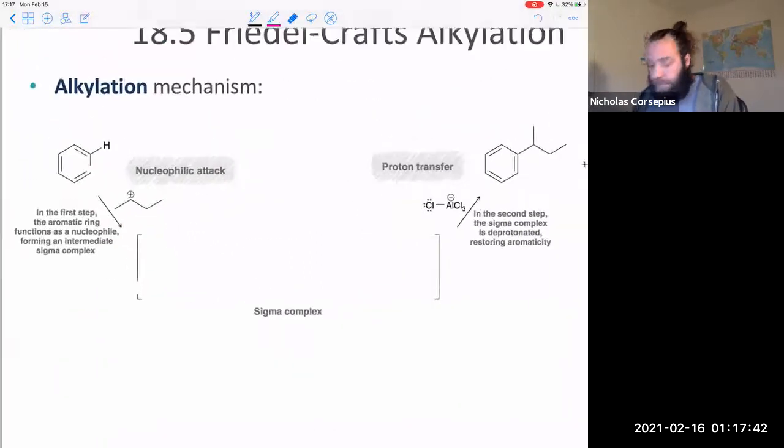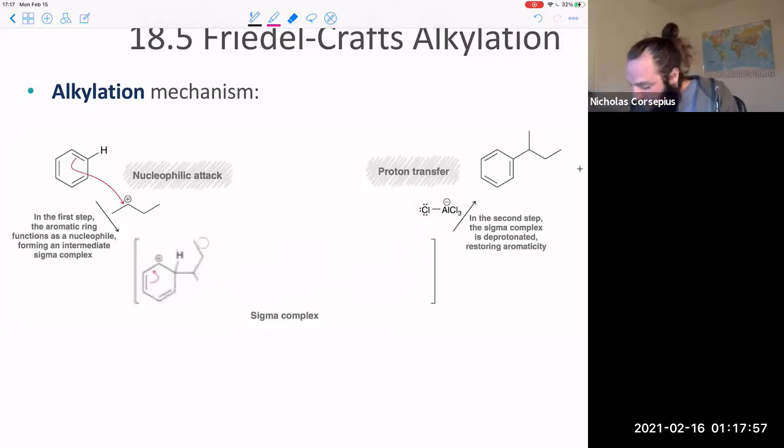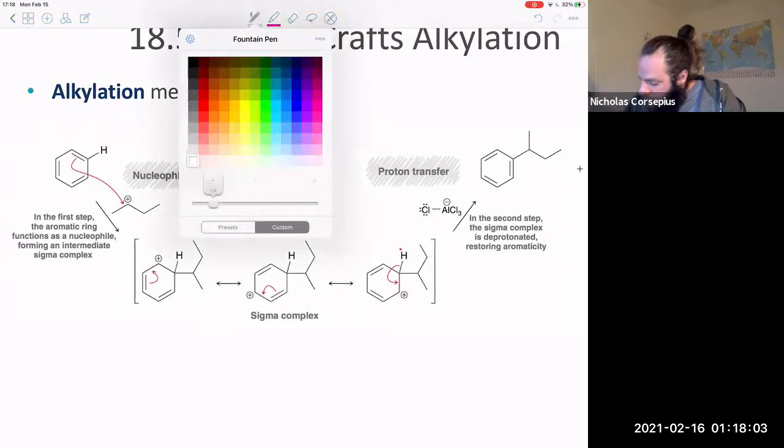Everything that comes next should be pretty familiar in terms of it following that same sort of scheme that we've seen before. The ring or the pi bond in that ring is going to play the role of the nucleophile, attack that electrophilic carbocation. That creates this resonance stabilized carbocation, also known as the sigma complex.